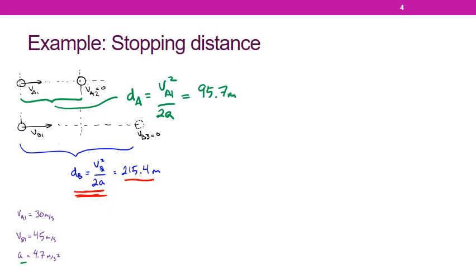Now, that's not what I want, really, to answer the question. I wanted the difference in their distances, but that's just, okay, I take the longer distance minus the shorter distance. And when I calculated that, that was 119.7 meters, or about 131 yards.